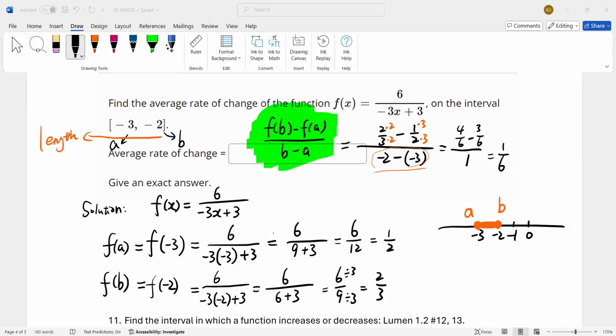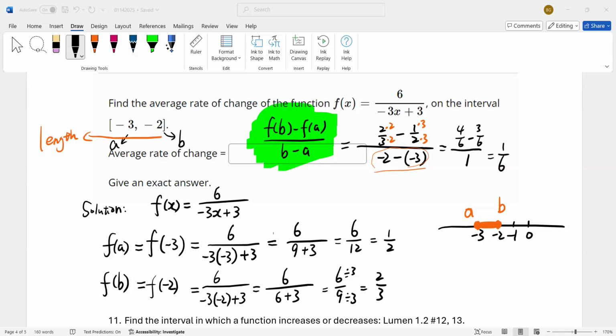Rate of change. Rate here means the quotient, right? What is the rate? Rate means quotient. Change means the difference. The average rate of change is the quotient of the change in the output over the change in the input.